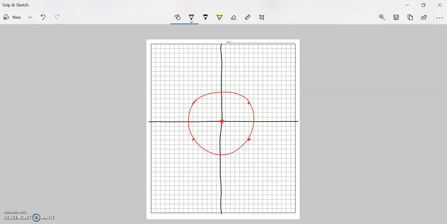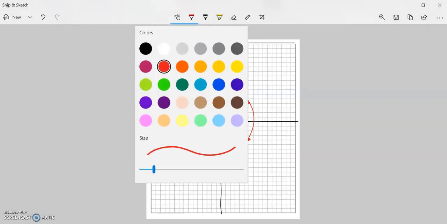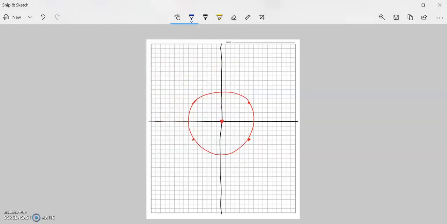Okay, there's our circle. And we're trying to see square root 2, comma, -7. So square root 2 is just a little bit bigger than 1, and then -7. So 1, 2, 3, 4, 5, 6, 7.